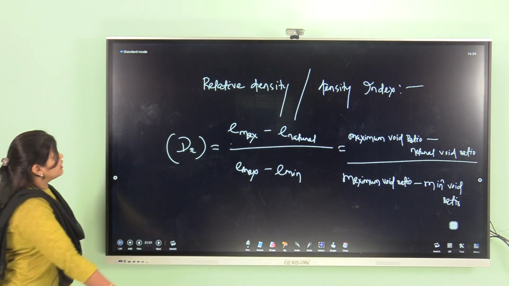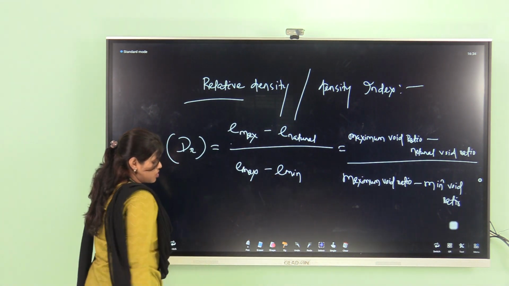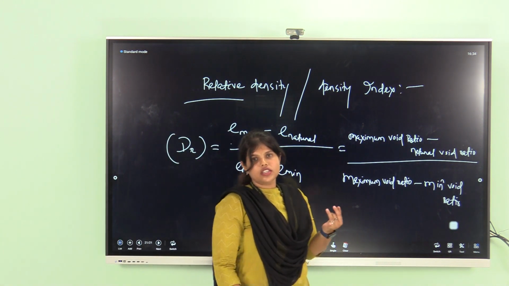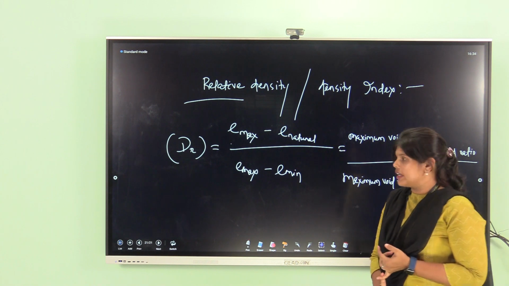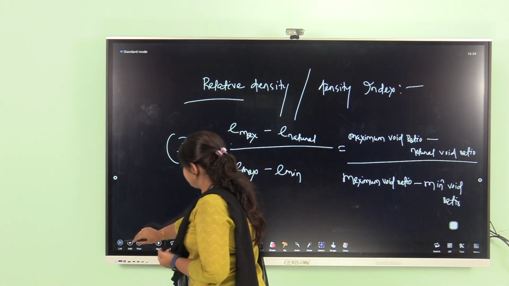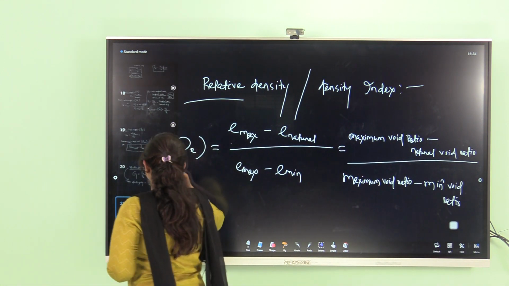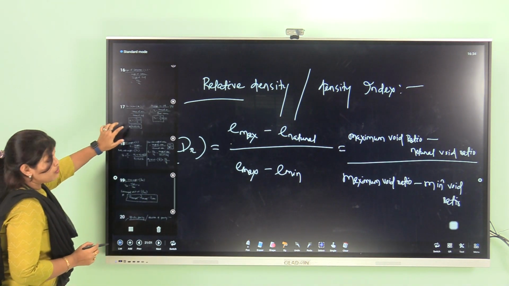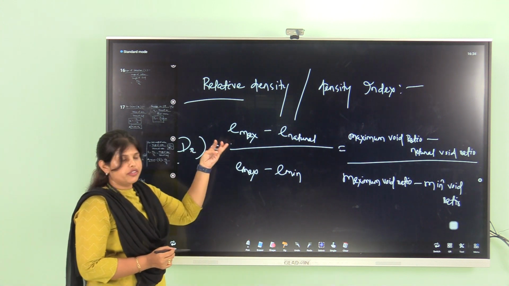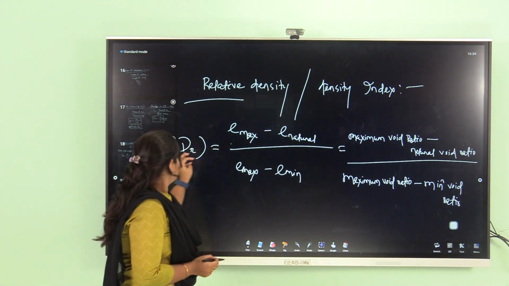So, we have studied what? Relative density, specific gravity and all those unit weights: unit weight, saturated unit weight, submerged unit weight, dry unit weight. Okay.